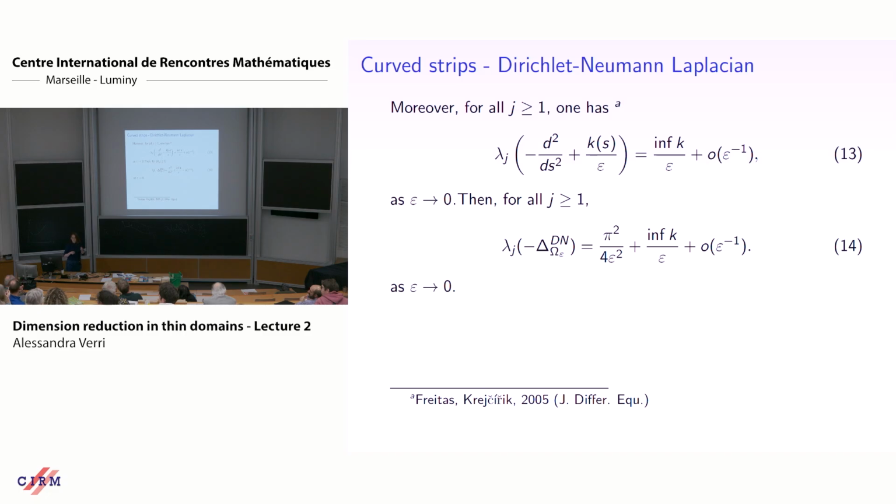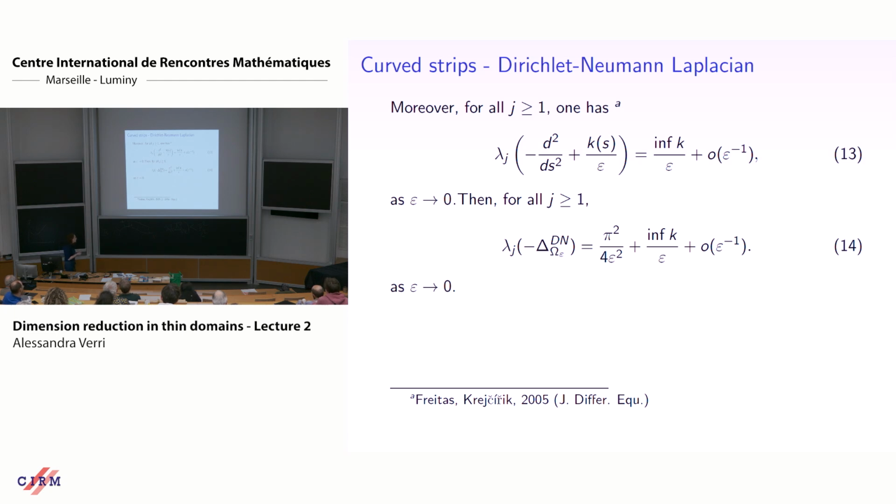Yes, if you fix epsilon, okay, but in the limit we have this asymptotic behavior. I think the point is that lambda j is not necessarily an eigenvalue. It's one of these Rayleigh numbers. Yes, but if it is a min-max and k is strictly positive, then it stops at 0. Okay.